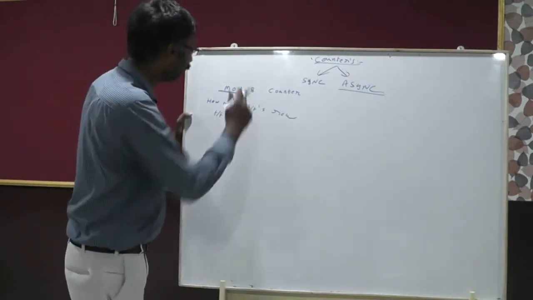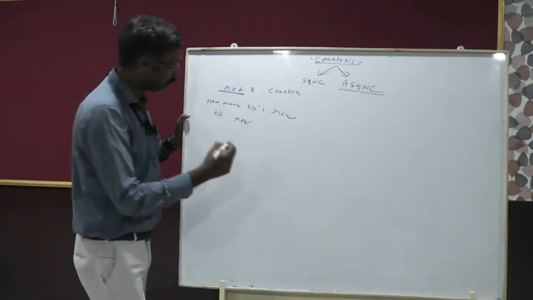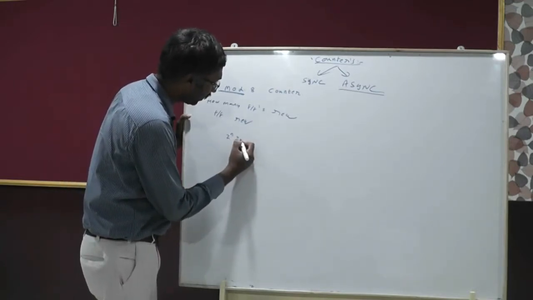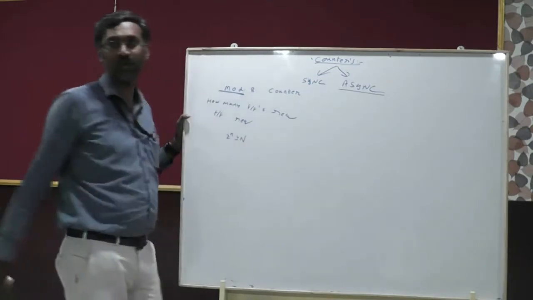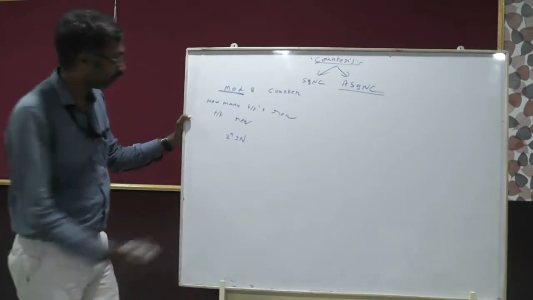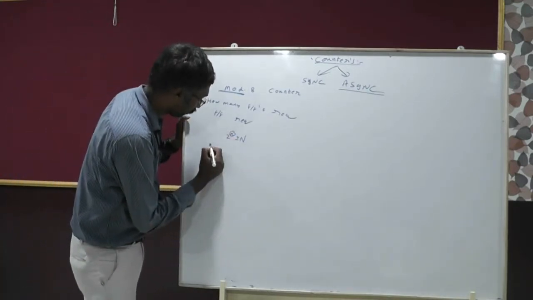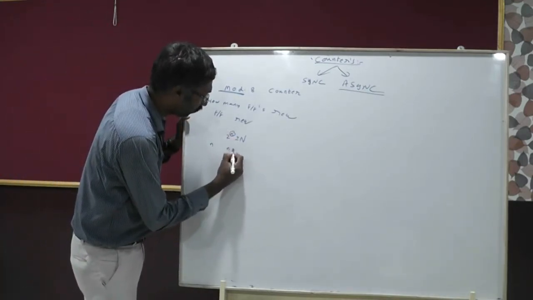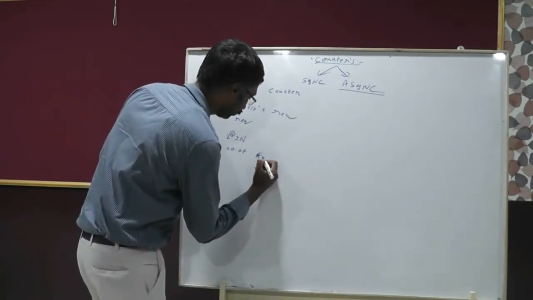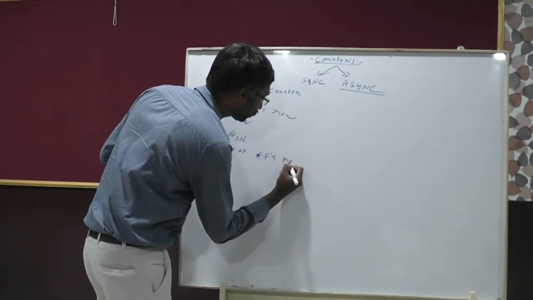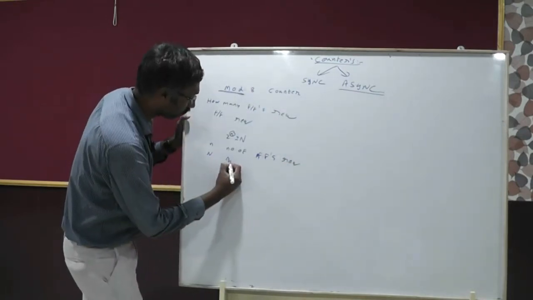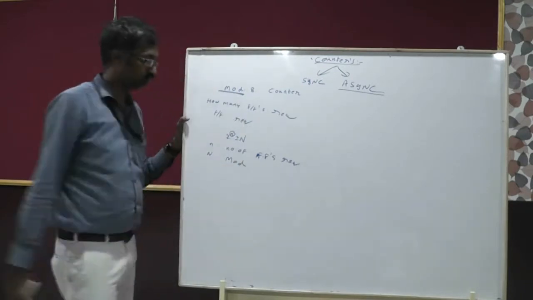Okay. So how many flip-flops are required? Suppose 2 power n should be greater than or equal to N. This small n is the number of flip-flops required, and this capital N is the modulus.